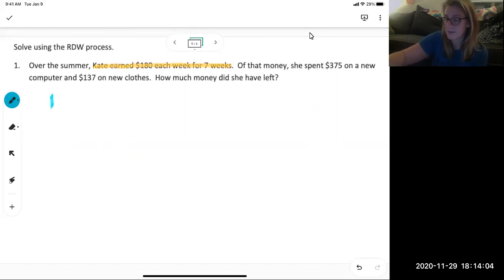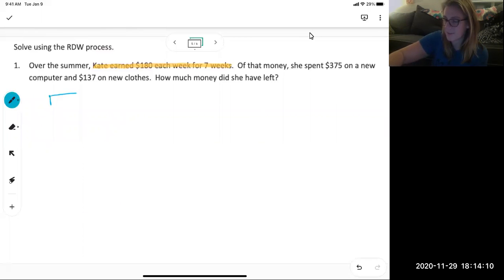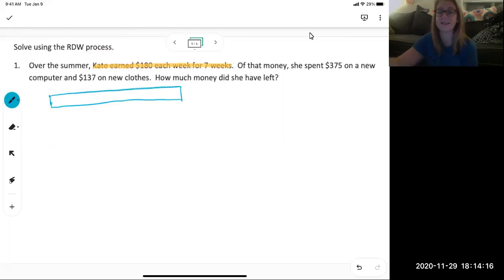I'm going to take my tape and section it off into 7 pieces because we know she's earning money for 7 weeks and it tells us how much money she's earning each week. Okay, now my pieces aren't quite even, but we want to try to make them as even as possible.